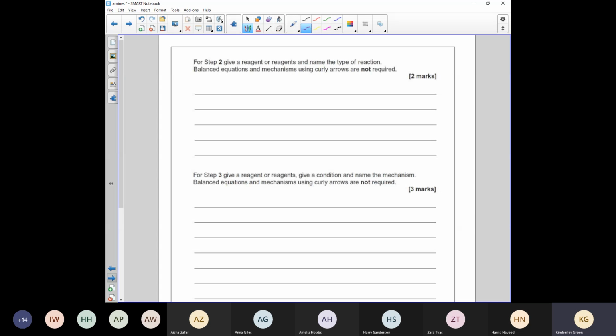So all I'm going to say is we need some hydrogen, because we're adding hydrogen, and we need our nickel catalyst again. It's 2 marks: reagent and type of reaction. It is a reduction reaction.